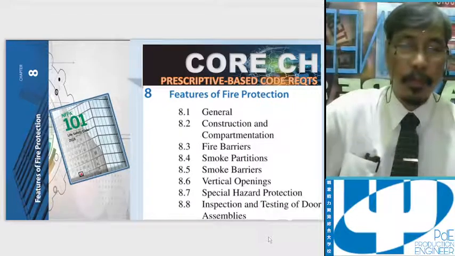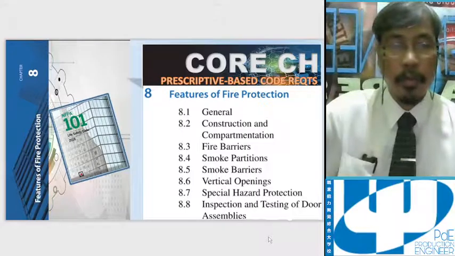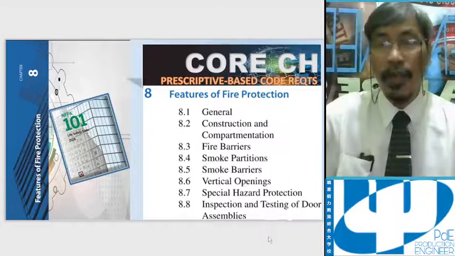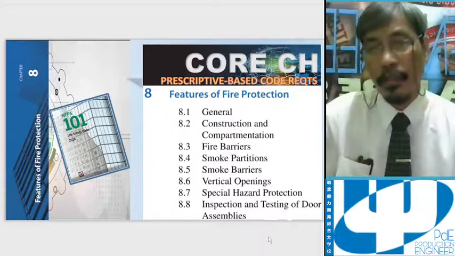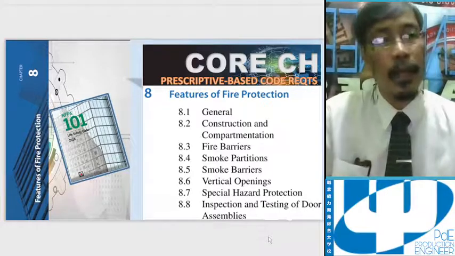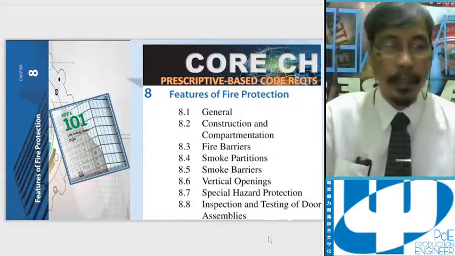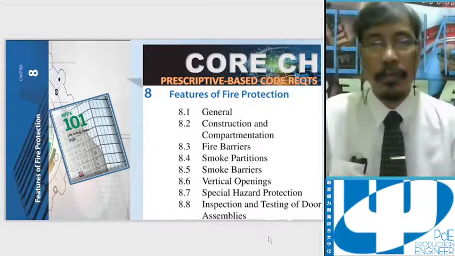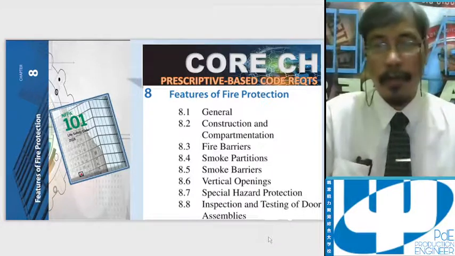So let us go on to chapter 8, features of fire protection. What should be there for us to be able to say it is a fire protection requirement? What has to be there? General construction and compartmentation is a very big feature of fire protection.